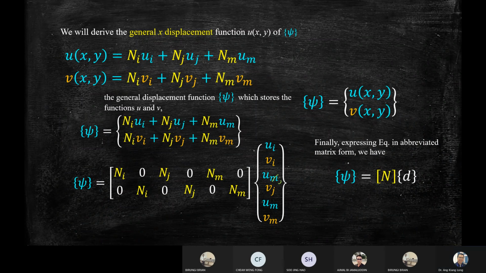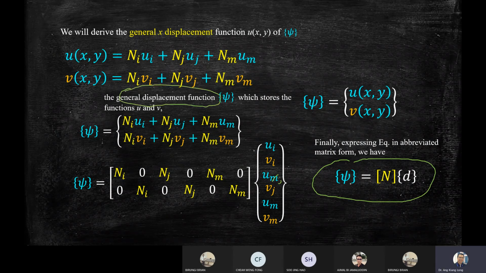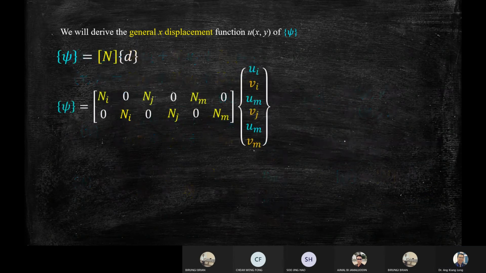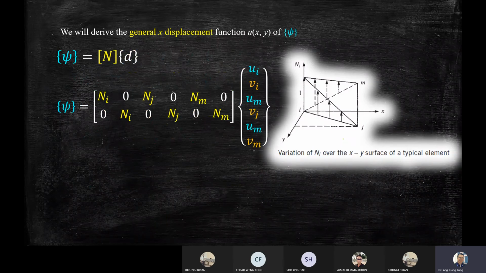And the objective of all this explanation is that we just show you that you can put your general displacement function in the form of N times displacement. Okay, N times displacement.